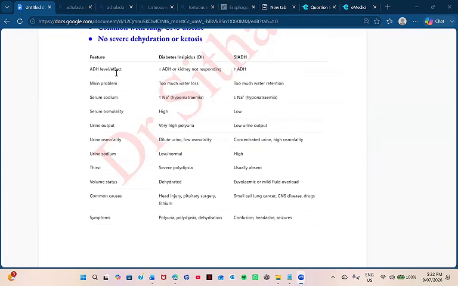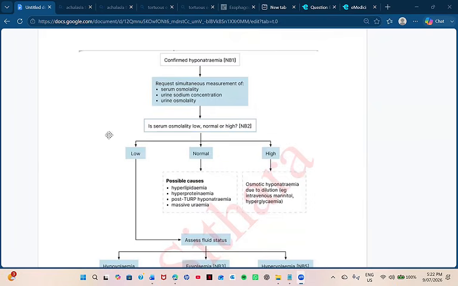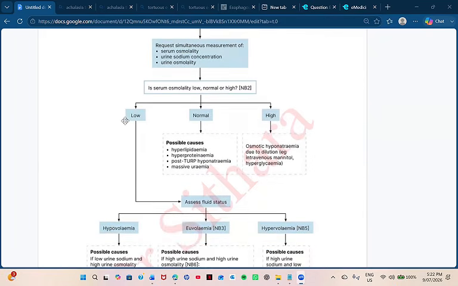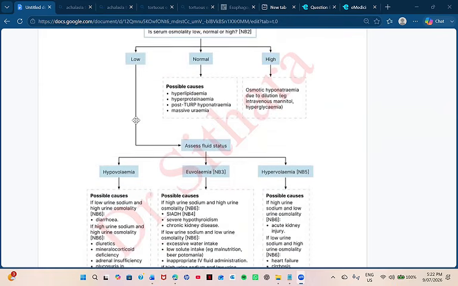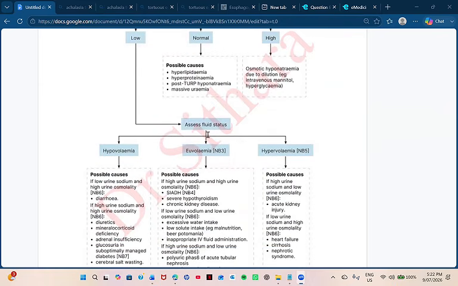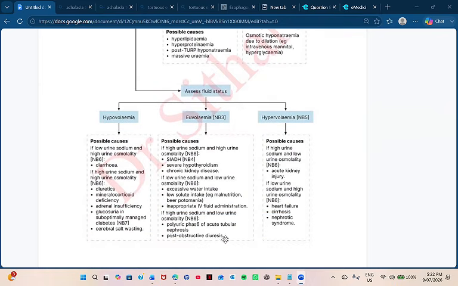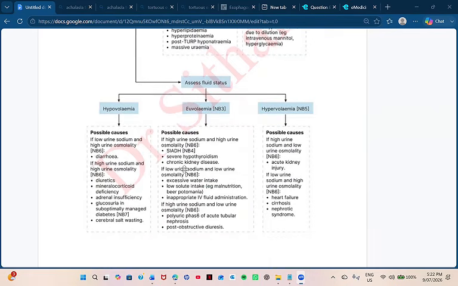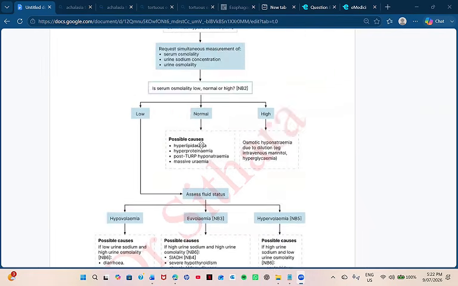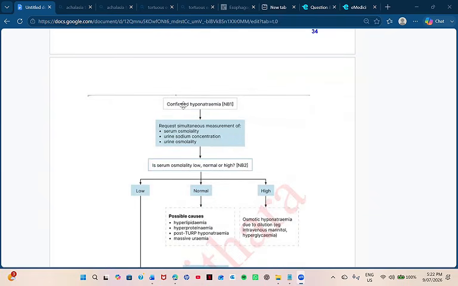Mild symptoms are headache, nausea, vomiting. Moderate symptoms are confusion and drowsiness. If it is severe, seizures and coma can be associated. If it is mild or asymptomatic, you can go with fluid restriction. With low serum osmolarity, assess fluid status; here it is euvolemic.